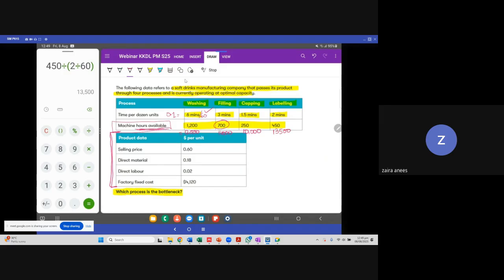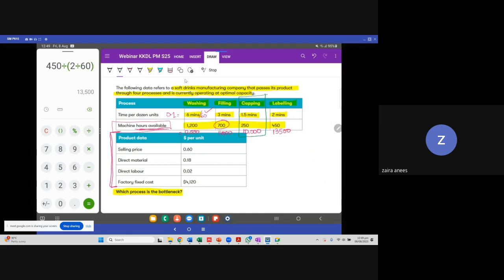Right? So which process has a problem? Capping. You won't be able to cap your product if you are manufacturing it.